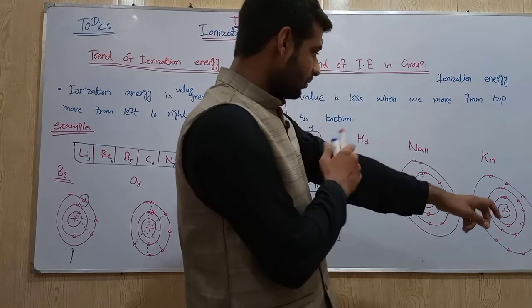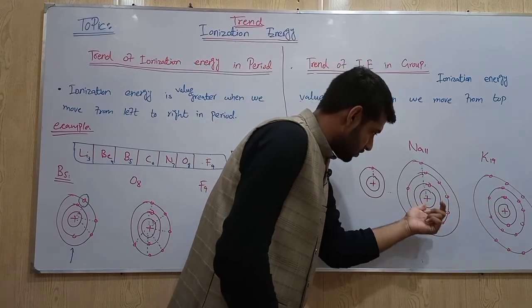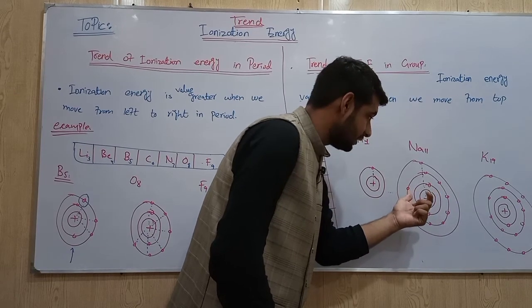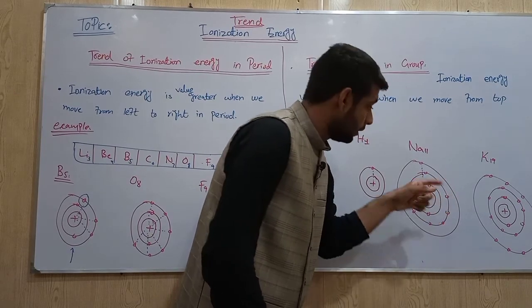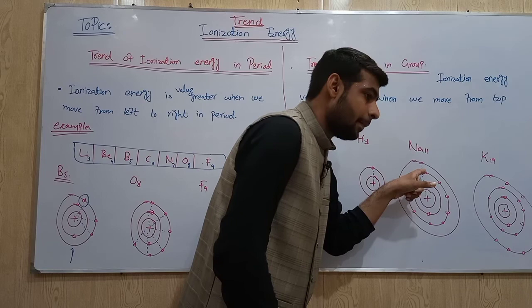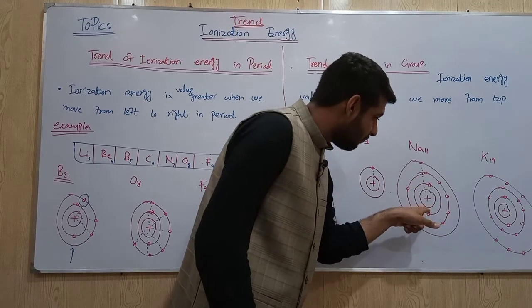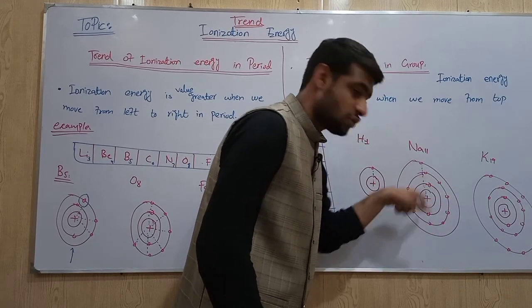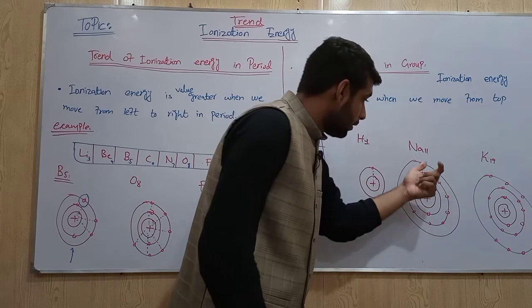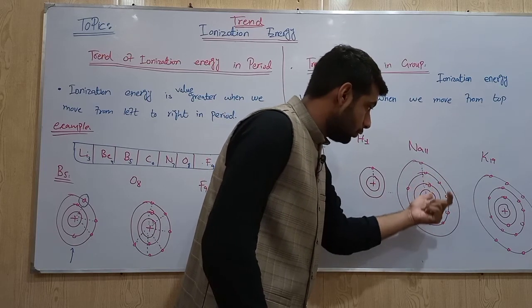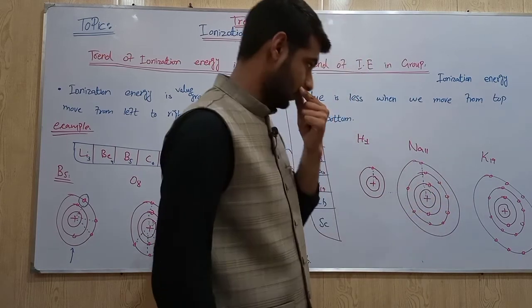The reason is that the first and second shells remain inside, so the first and second shells create resistance to the attraction between the nucleus and the valence electron.